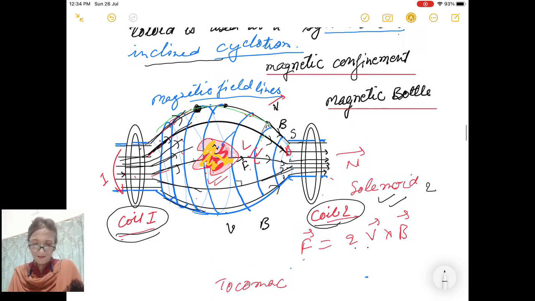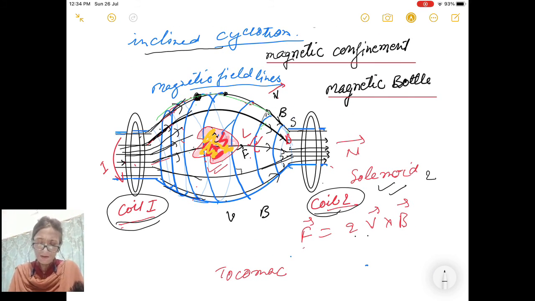Now let us learn the technique of how the heated material is confined in this region when we do not have any kind of confinement, any container. There are only magnetic field lines. So recall the Lorentz force.